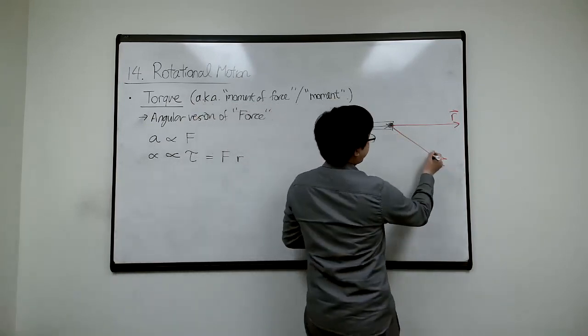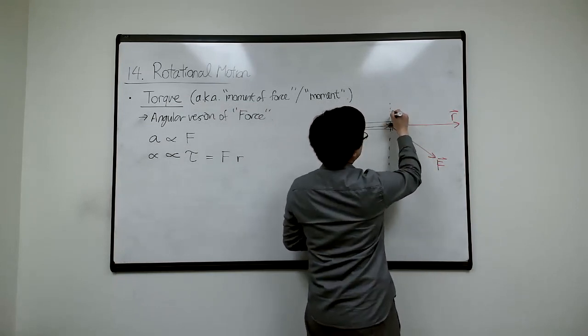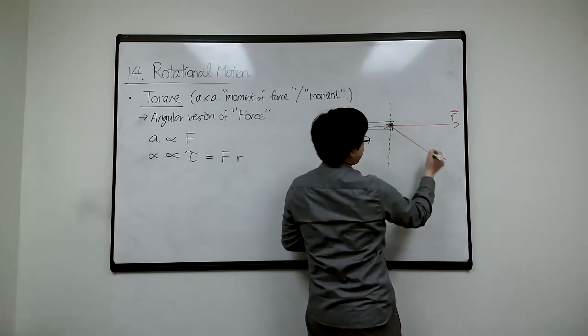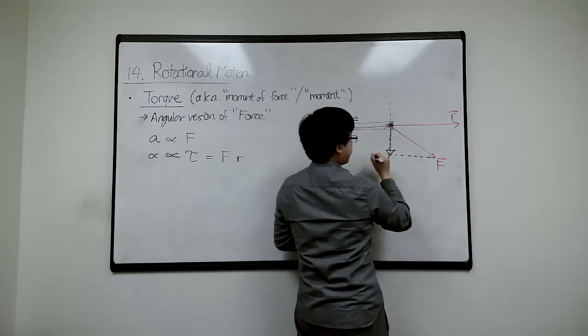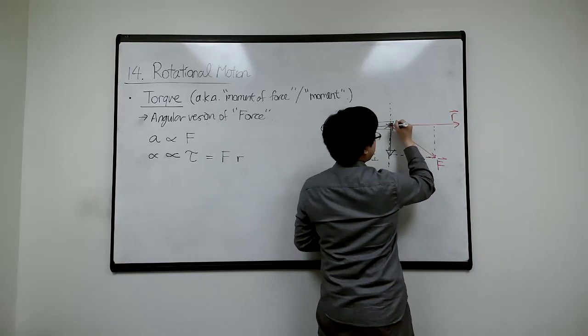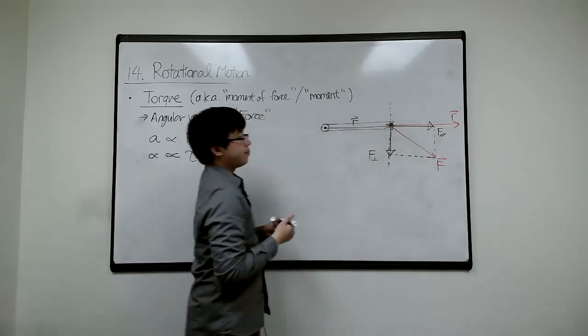And let's resolve this guy along this axis and this axis, the XY axis like this. In this case, we have F perpendicular to the door and F parallel to the door.